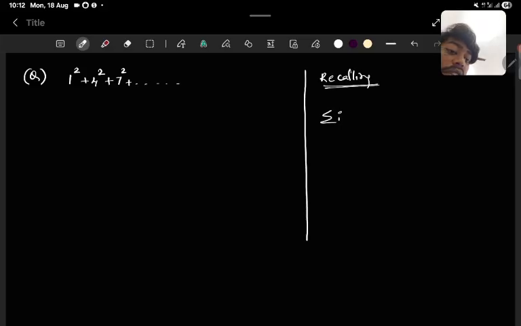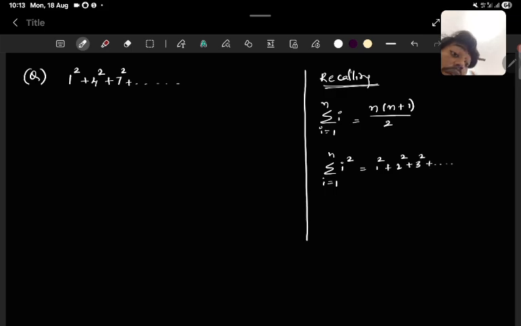Sum of natural numbers where i is starting from 1 to n is given as n(n+1)/2. And sum of squares of natural numbers where i is starting from 1 to n, which refers to 1 square plus 2 square plus 3 square and so on, is given as n(n+1)(2n+1)/6.